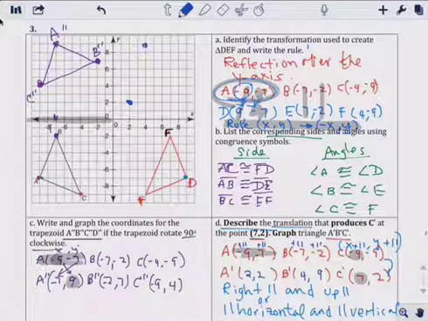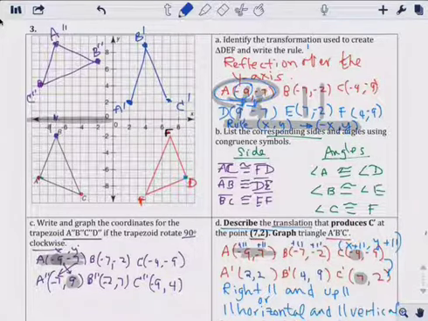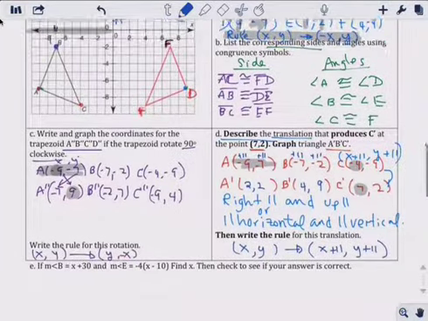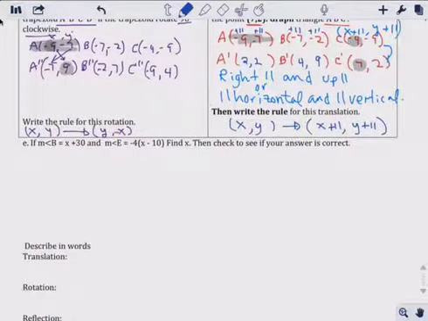And it's A prime, B prime, and 7, 2, and C prime. Right there. Alright.